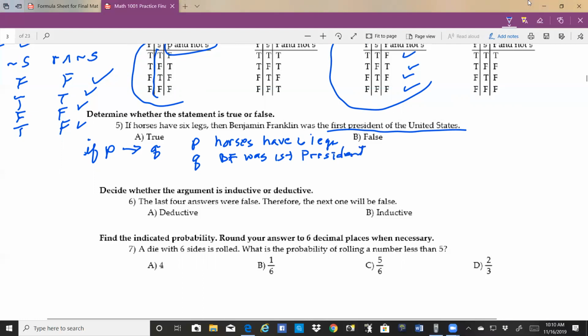So if P is true, then Q must also be true. But here, P is false because horses don't have 6 legs.